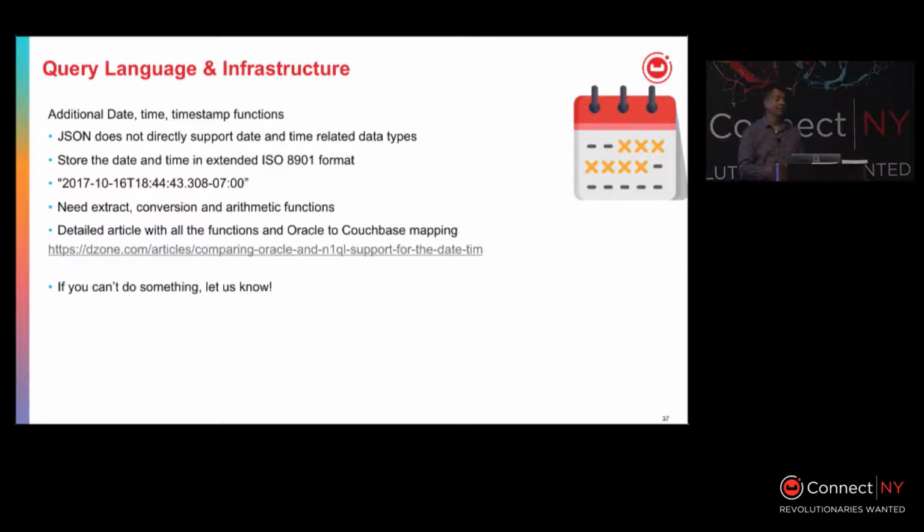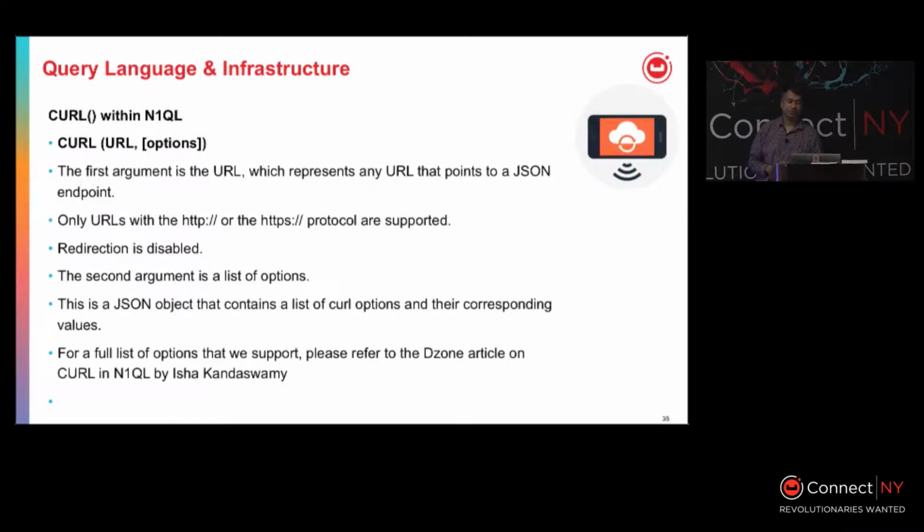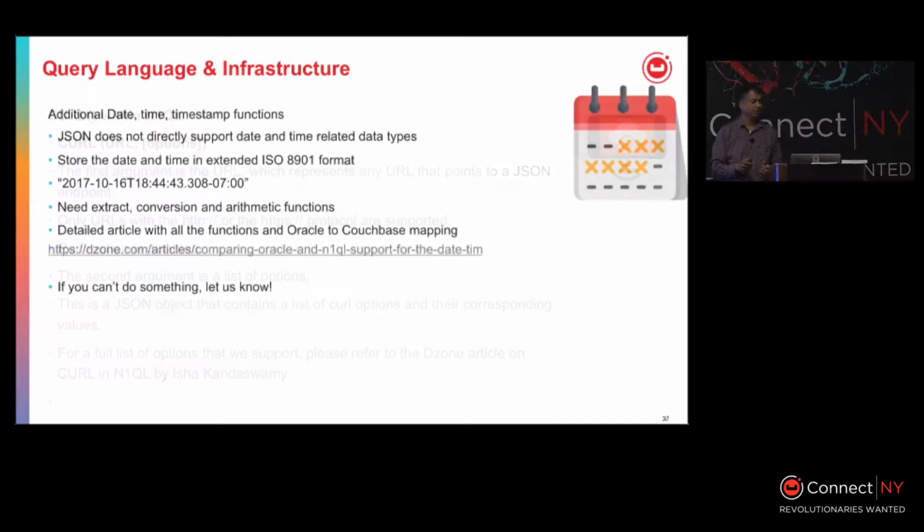And actually, we have done a detailed comparison of these functions and functionality between Oracle and Couchbase. I think we have covered all the bases. If you have an issue with this, please let us know. Did I skip something? Okay.